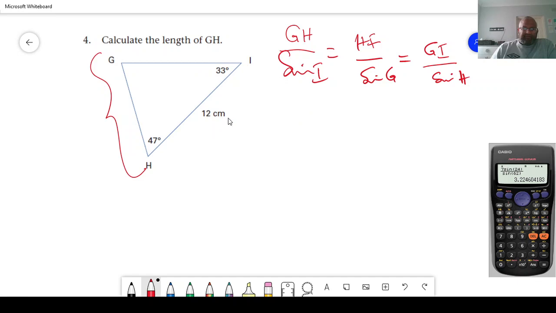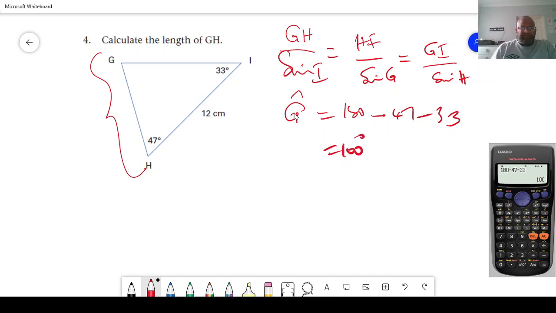So that's the known side, so we need to know that angle there to apply the sine rule. For angle G, we're going to say it's 180 minus 47 degrees minus 33 degrees. That's 100 degrees.